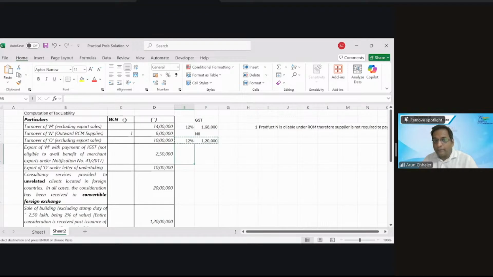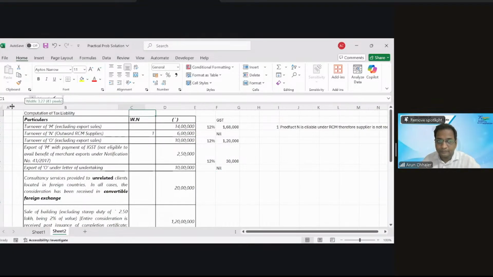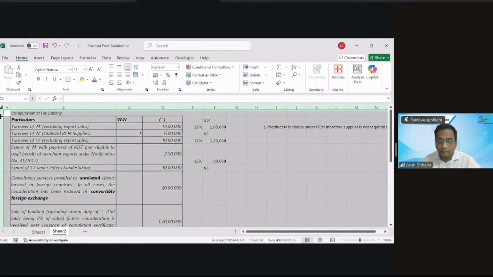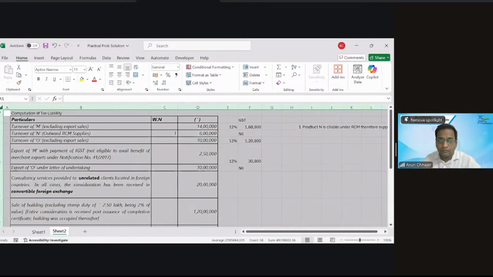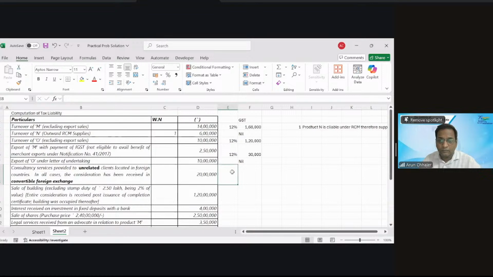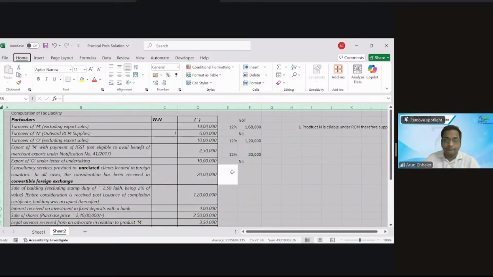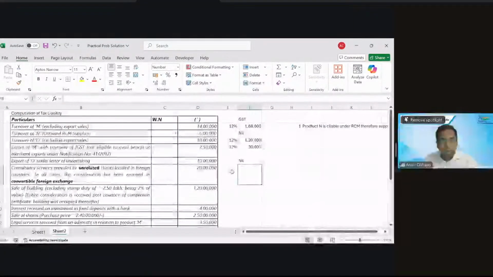Export of M on payment of IGST. So it will create the GST liability and it is under LUT. So no liability. No liability, right? Consultancy services.